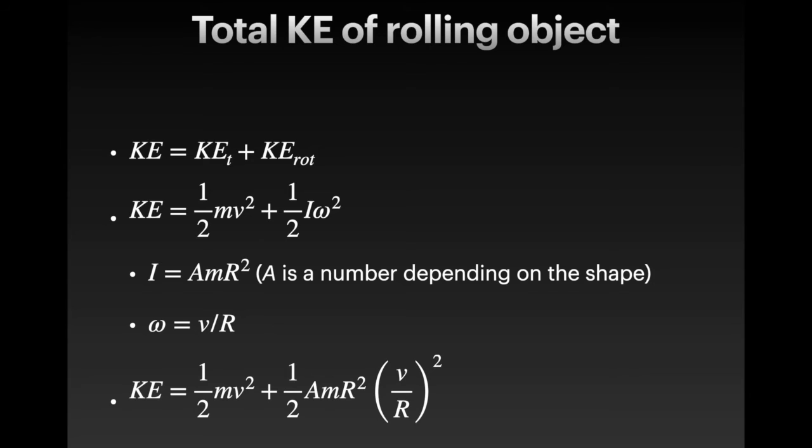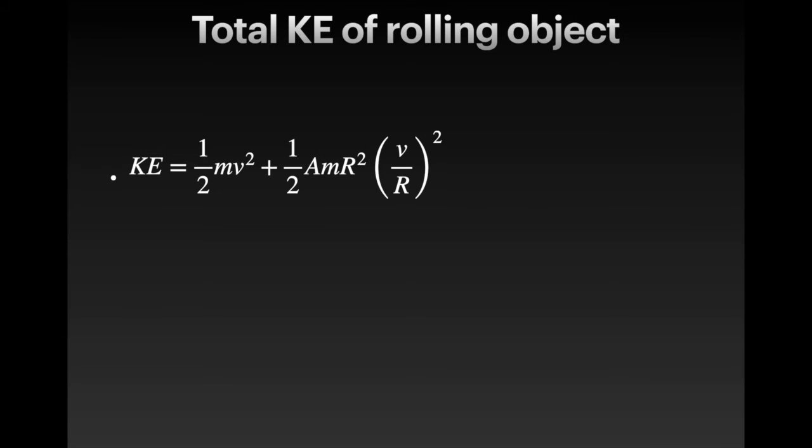So we've got 1/2 mv squared plus 1/2 A m r squared times (v over r) quantity squared. Now, you might notice that in that second term, there's an r squared divided by r squared, so we can cancel those out. That's interesting.